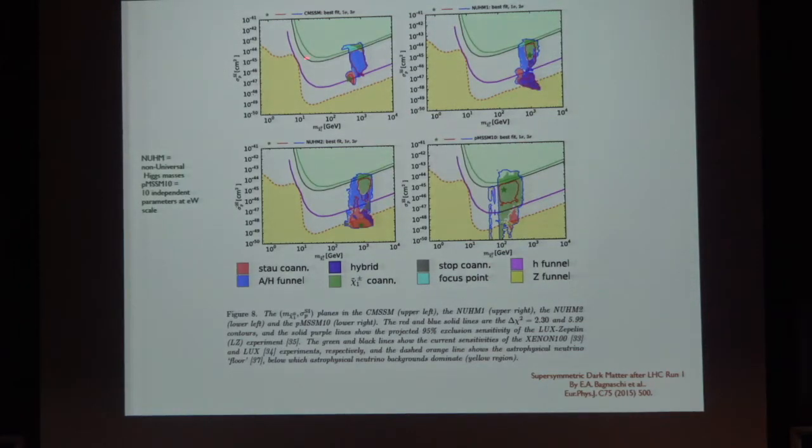But anyway, here is the sigma versus the mass of the neutralino in these regions, and again you can see that these are the different ways that the dark matter can be produced, and these are best fitting points.